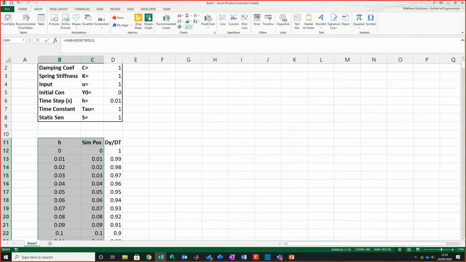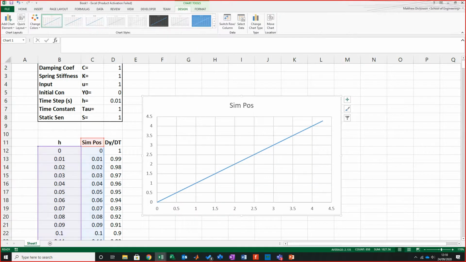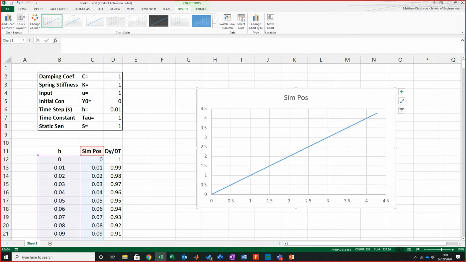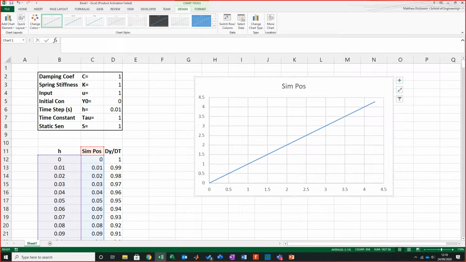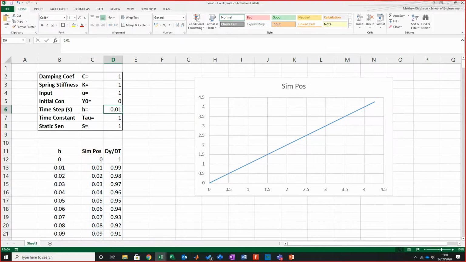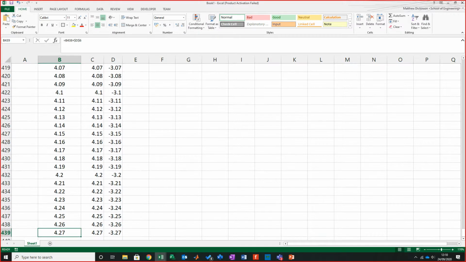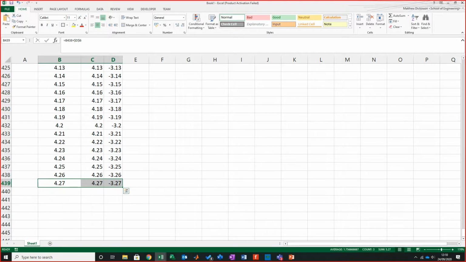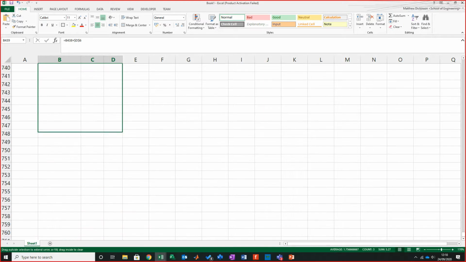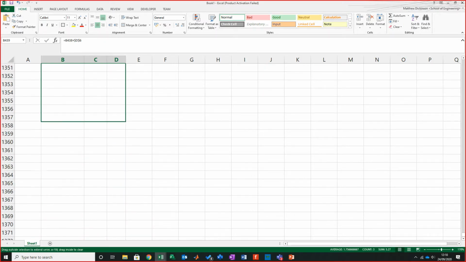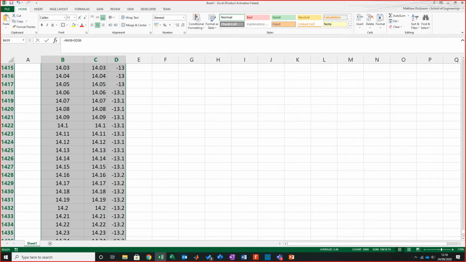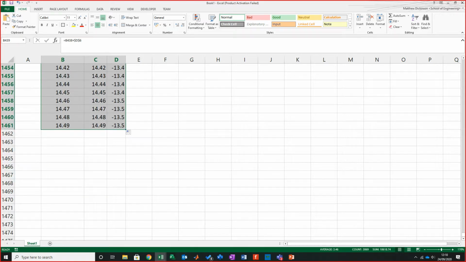So I'll go Insert, come back, and then we'll go to here. My first initial thought is that is not like I was hoping. What I'm going to do is make my data sets longer. You look here, it's still on the rise. So I'm going to make this longer. I'll take this to probably, we see here it's starting to steady itself out at minus, so that's not comforting.